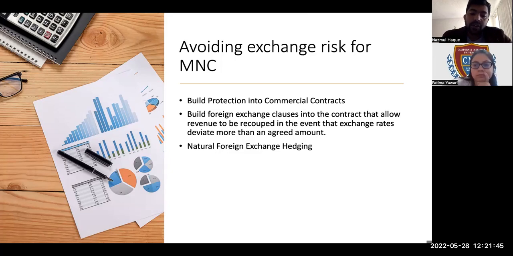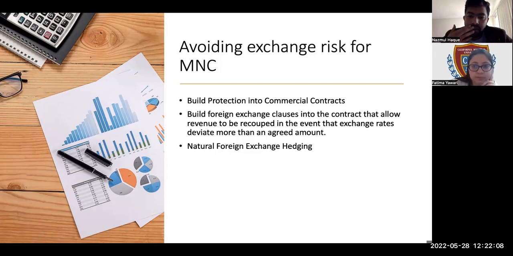Those clauses also require that regular review measures be implemented by the finance and commercial teams to ensure that once an exchange rate clause is triggered, the necessary process to recoup the loss is put into action.